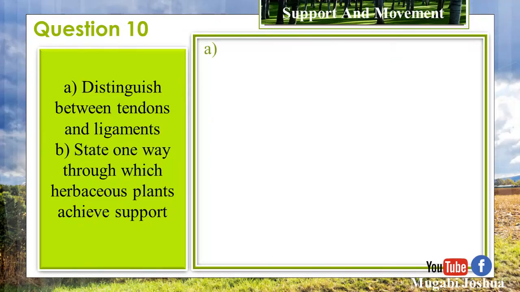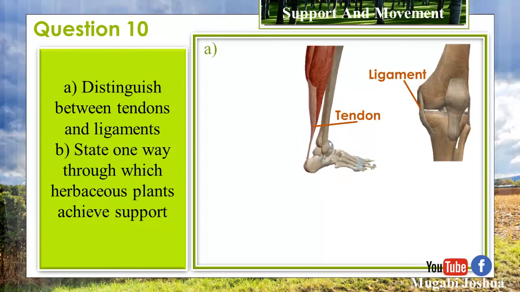Question 10, part A. It says distinguish between tendons and ligaments. If you look at those two bones, you will see one has got a ligament and another one has got the tendon. So we want to distinguish between the two.